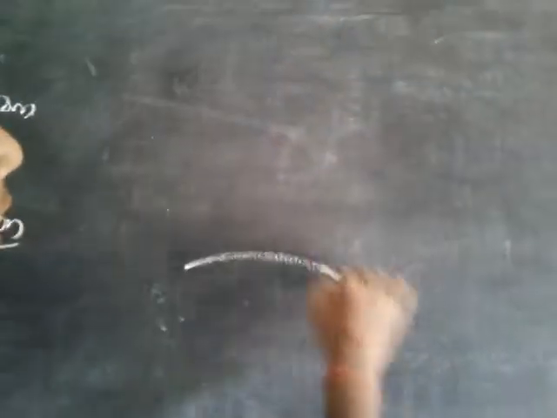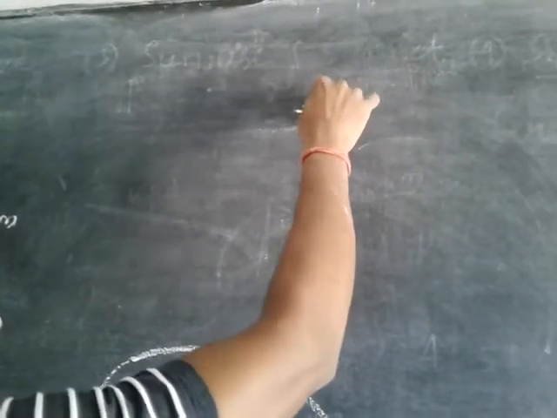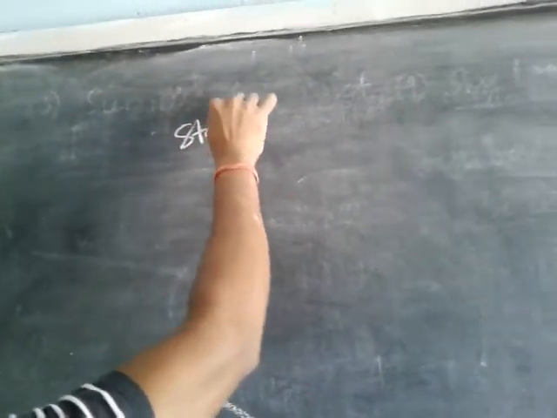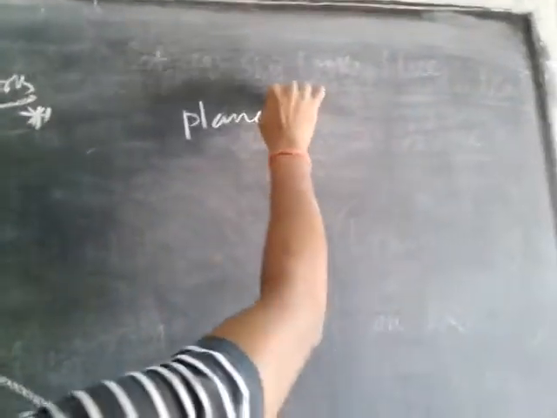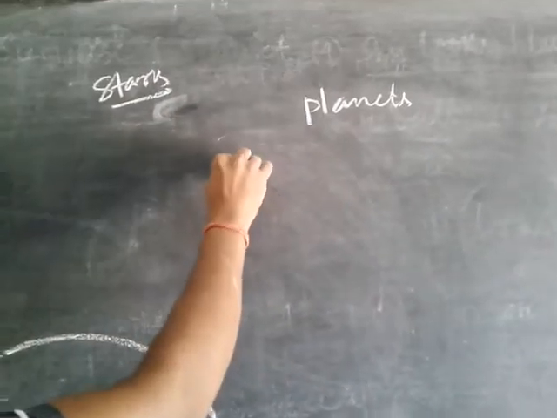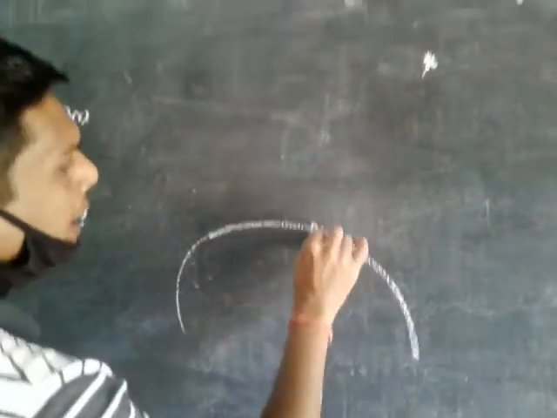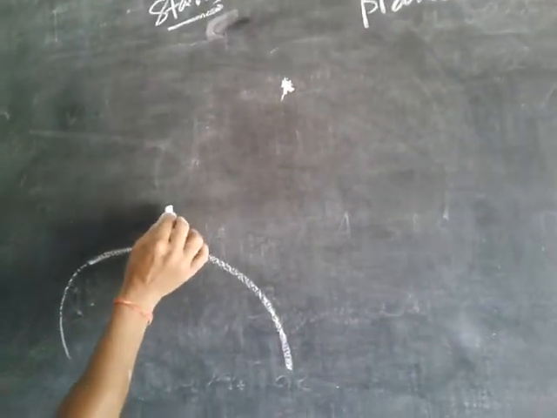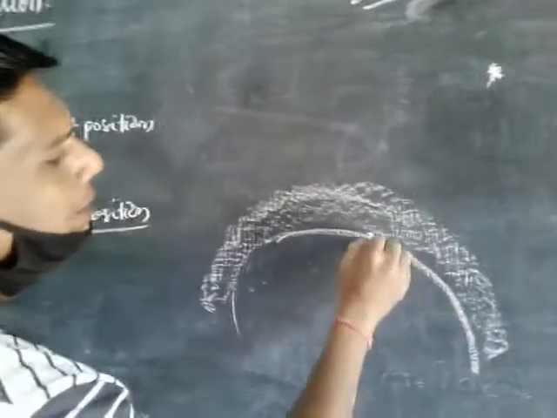See here, in the night time, we always observe stars and planets. Suppose one star is here, and one person is standing here, looking from here. Then this is the atmosphere on the earth.